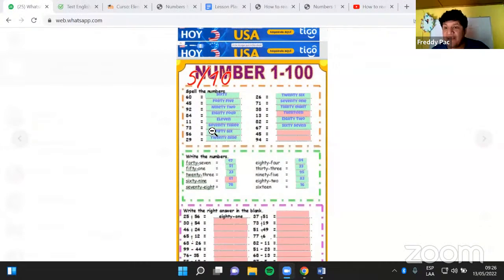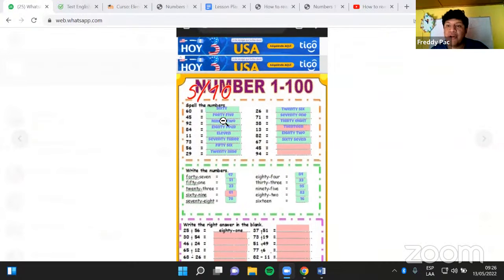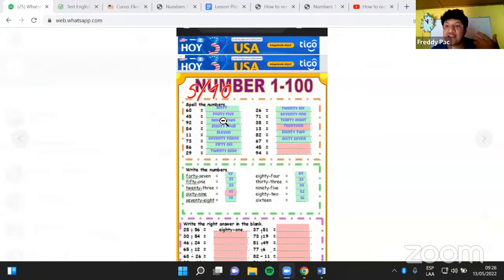Okay, so I want to talk a little bit about this image. Let me show it to you. Guys, in the exercise, it is good, right? But what is the rule that I just mentioned?